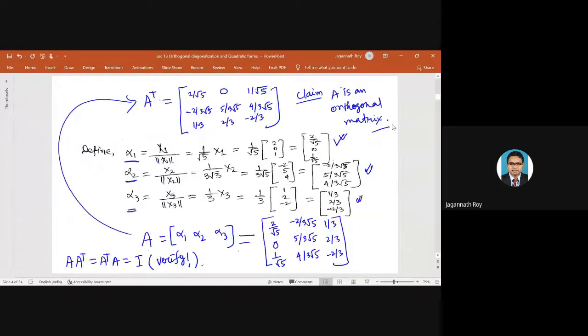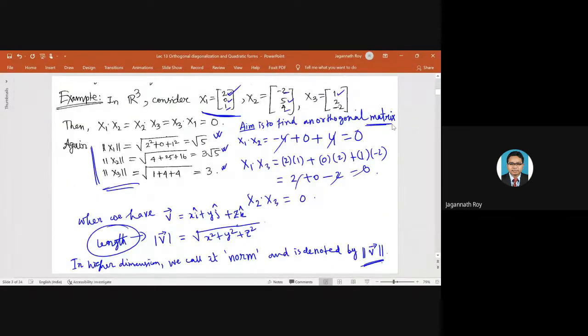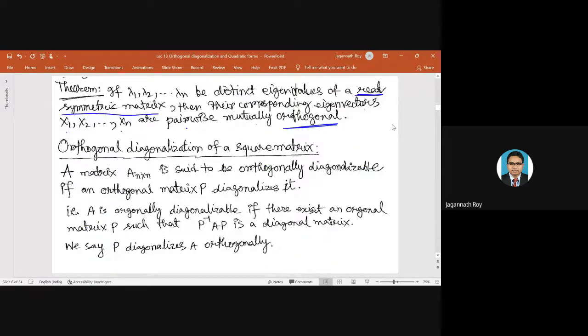Here we had only three arbitrary vectors. We don't know whether they are eigenvectors of some matrix or not. But we will be interested in symmetric matrices because they have many real life applications. I will mention some of them. The thing is, it has a beautiful property.